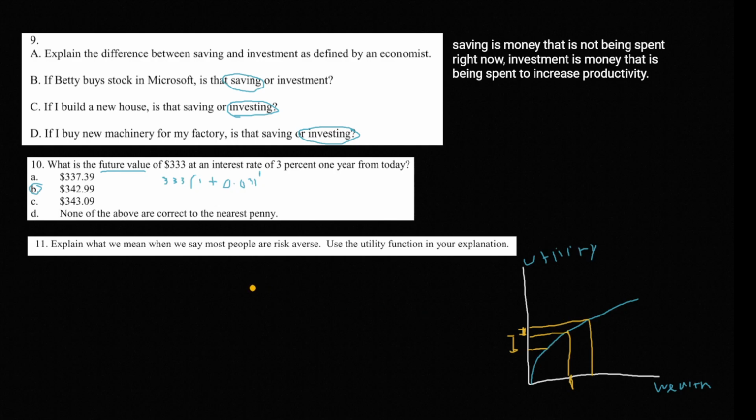So, for example, if I said, flip a coin: if it lands on heads, I'll give you $1,000, and if it lands on tails, you give me $1,000. So we have plus $1,000 over here, and minus $1,000.